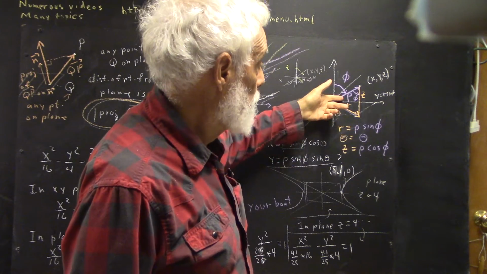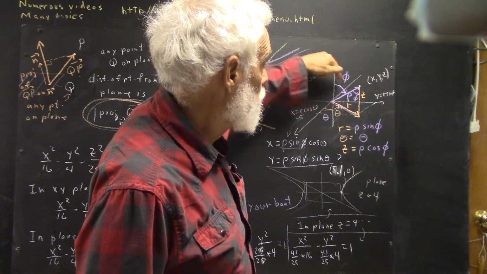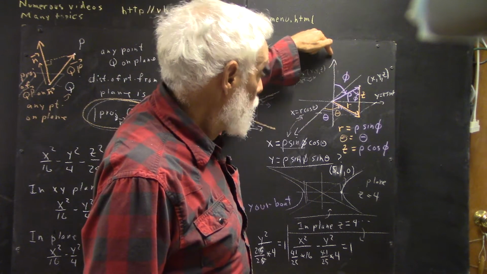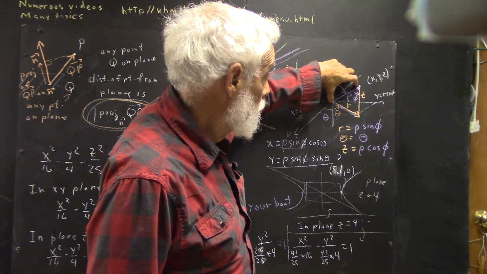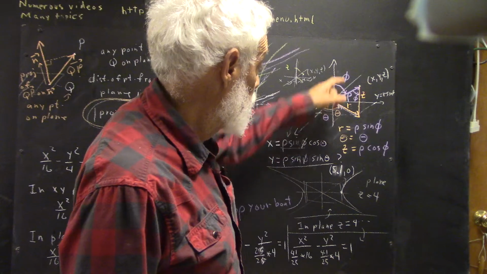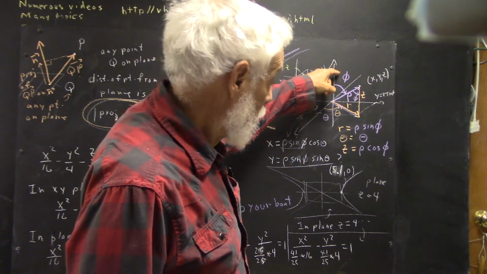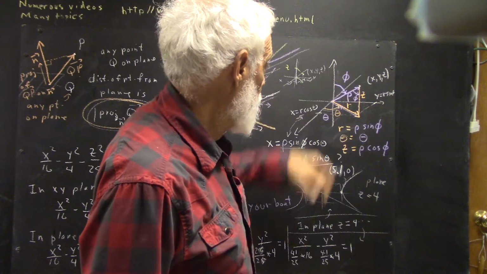Where it is depends then on this final angle phi, which is the angle from the z-axis to the vector from the origin out to our point, this vector here. Okay, so that's our last coordinate, our coordinate phi. So the coordinates are rho, theta, phi.